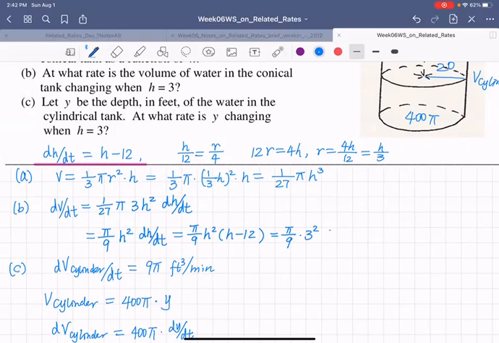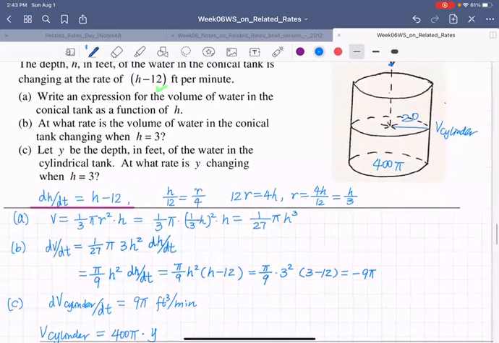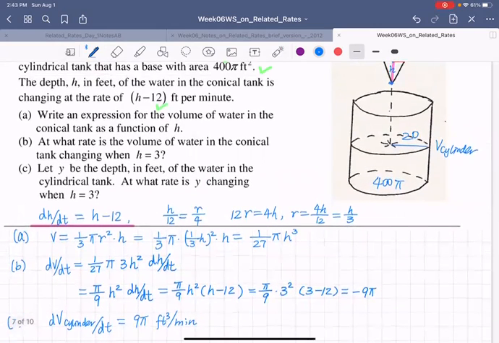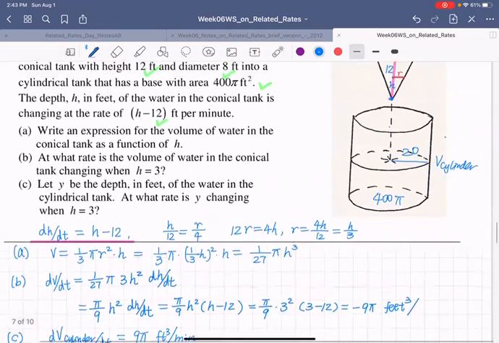Times negative 12 equals negative 9 pi. What is the unit? Feet cubed per minute.